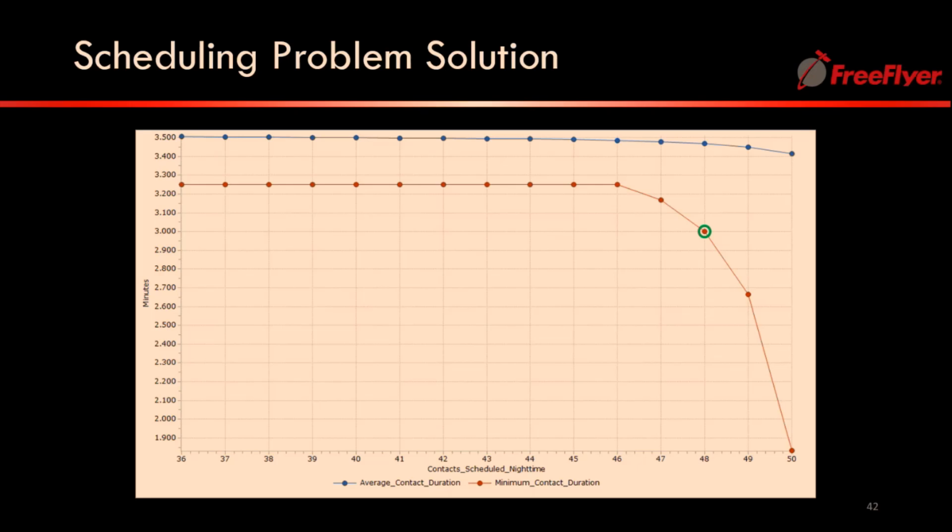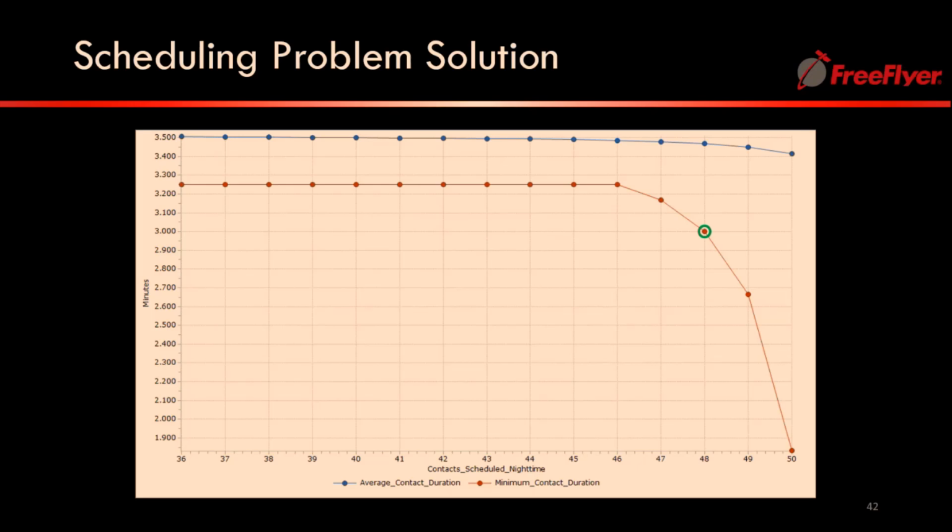And that's something that can be done manually or in a more automated way. So let's say that you have hard constraints on your problem, that none of my contact durations can last less than 3 minutes. Let's say that's a hard constraint for me.